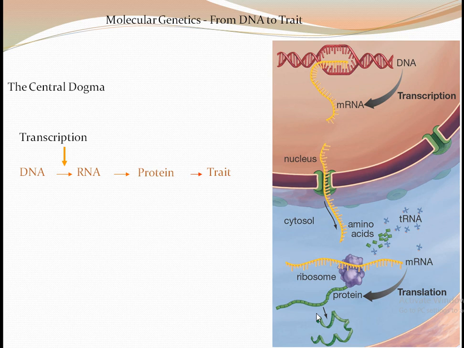The process through which the DNA is changed into mRNA is called transcription. Then RNA processing takes place, and through the process of translation, the protein molecule is formed. You can see the transcription and translation processes here.